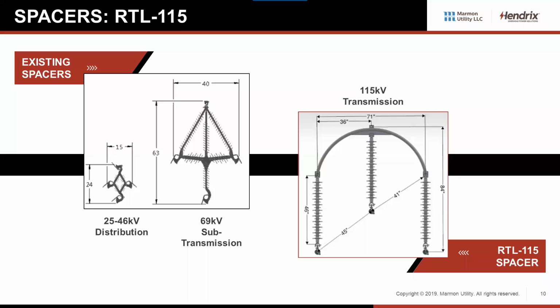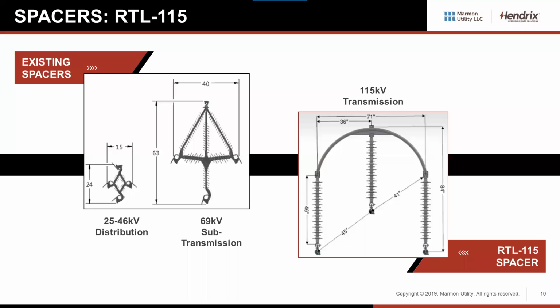So our engineers kind of had to come up with a brand new concept for the spacer itself. The one on the right is what the 115 spacer is going to be like. You've got that cast aluminum, kind of arcing member across the top, and then what kind of looks like suspension insulators that suspend the cable down below.